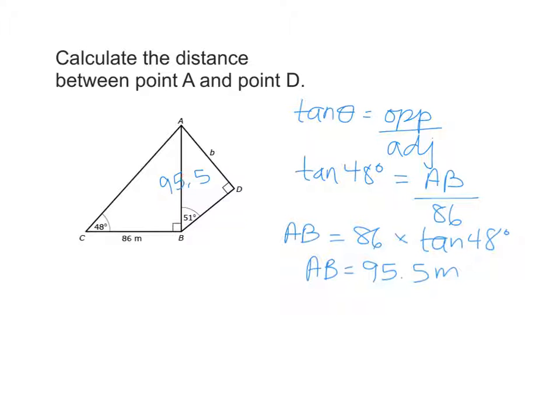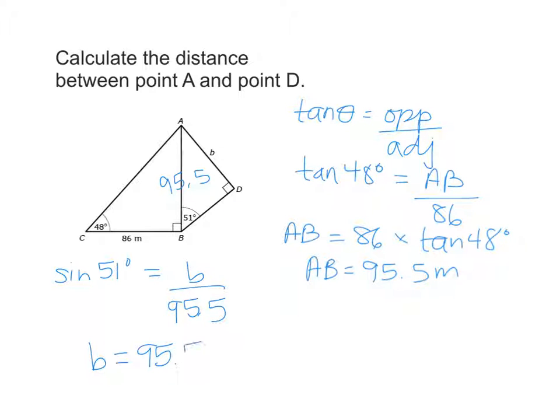And I know, which side is this? That's the hypotenuse of ABD, right? So opposite and hypotenuse, that's sine. Sine of 51 is opposite, which is B, over hypotenuse, which is the 95.5 that we found in the first part.